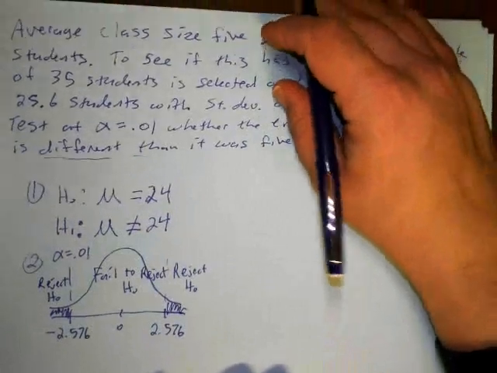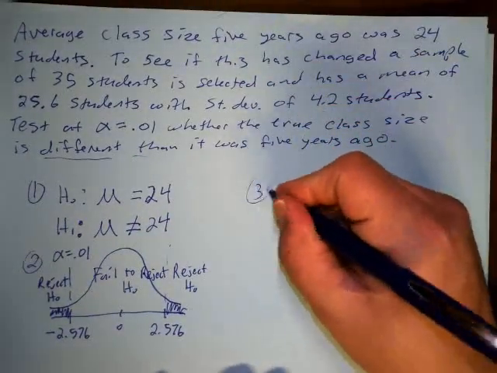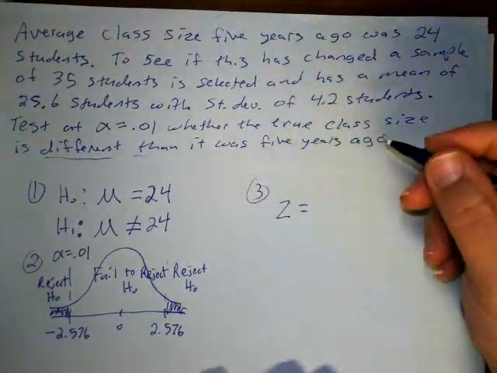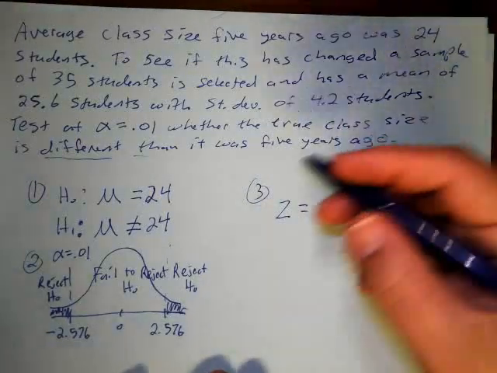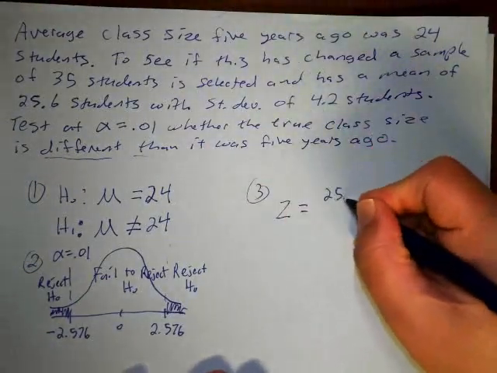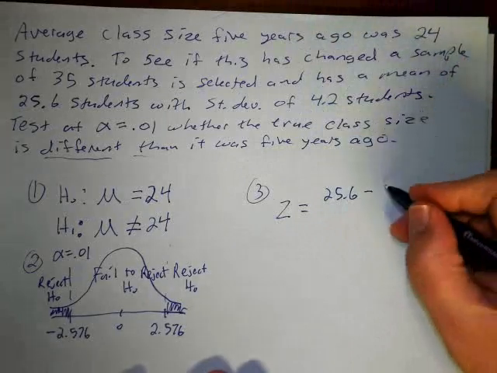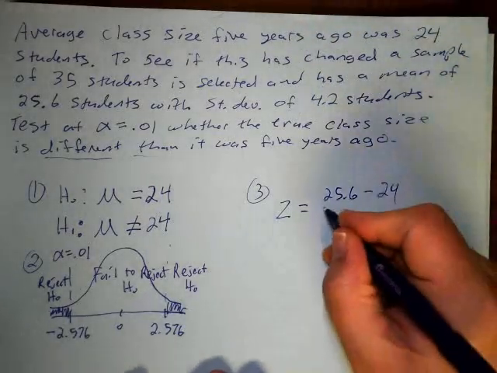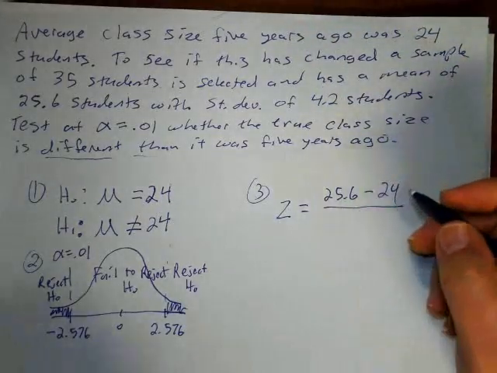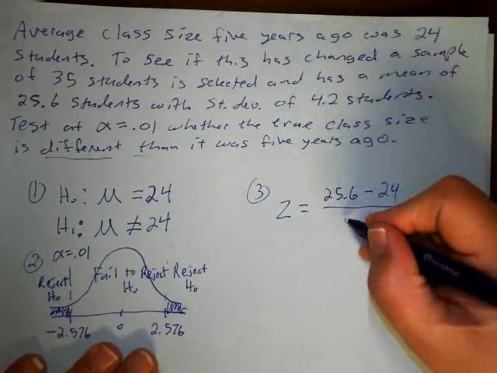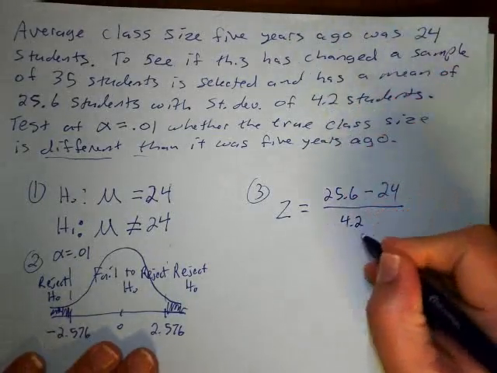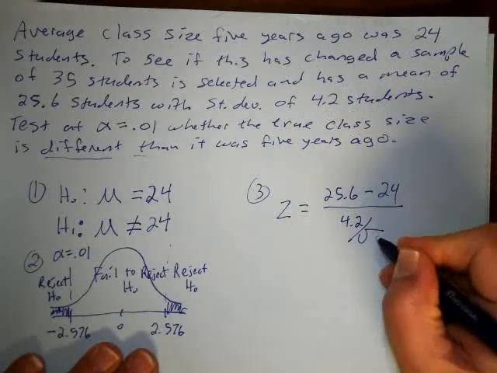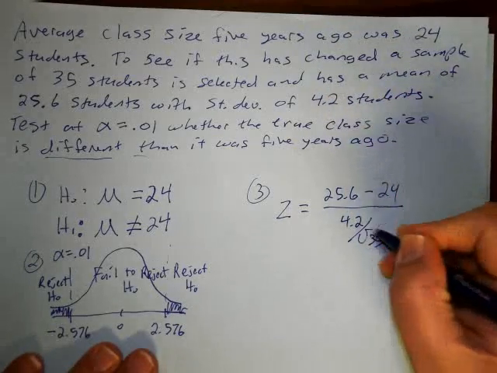So now we need to calculate our test statistic to see if we have enough evidence. Okay, so this is the sample mean, which is 25.6, minus the hypothesized mean, which is 24, divided by the standard deviation, which is 4.2, over the square root of n, and that's 35.